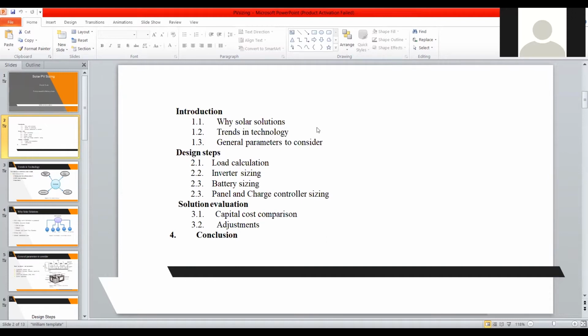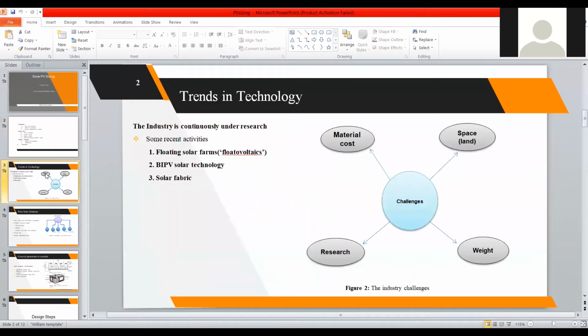So let's get started. Some trends in the technology. Solar has been there for quite some time now, but it has had its own challenges. For example, when you look at the material cost, it's very expensive to process silicon.